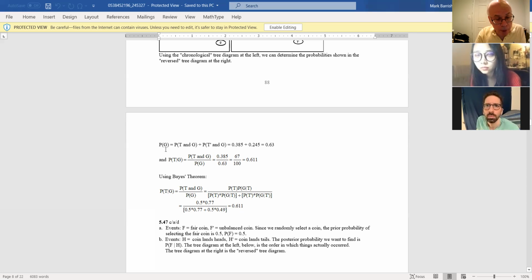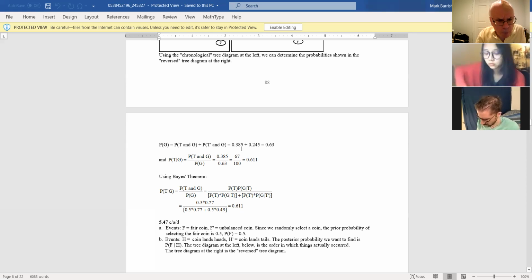Well, they said that the probability of a girl is the probability of a girl and having a treatment plus the probability of a girl and being in the other group, right? So what's the probability of a girl? What do they do here?